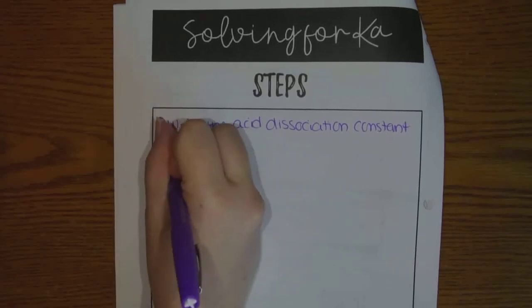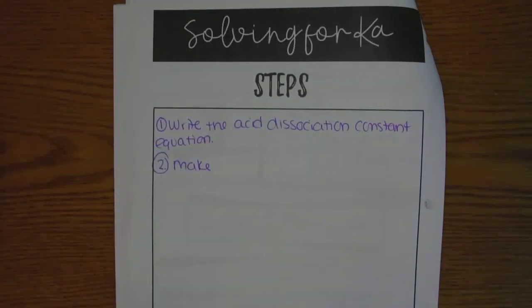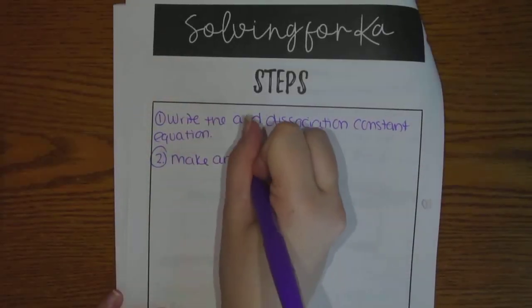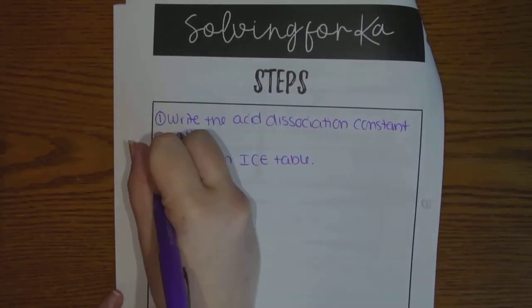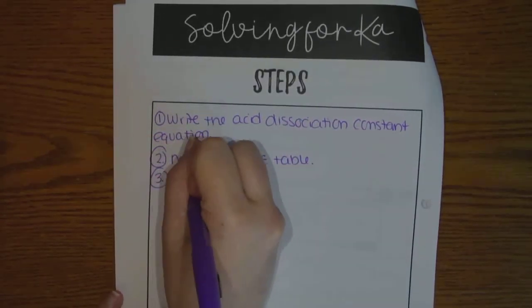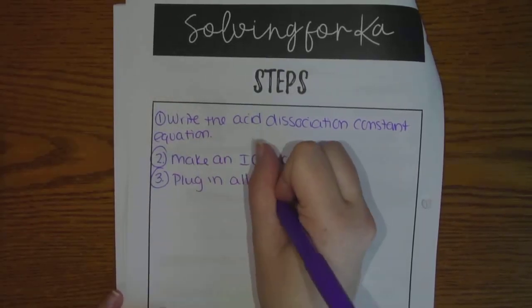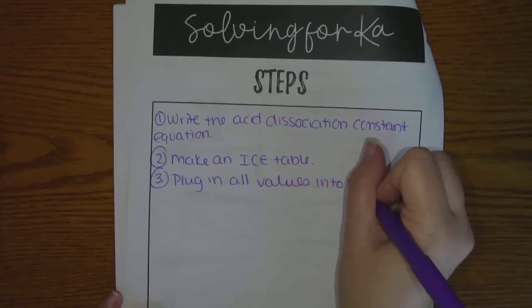Then we're going to make an ice table, and everybody remember what an ice table is. Initial, change, equilibrium. Then we're going to plug in all values that we can into the ice table.